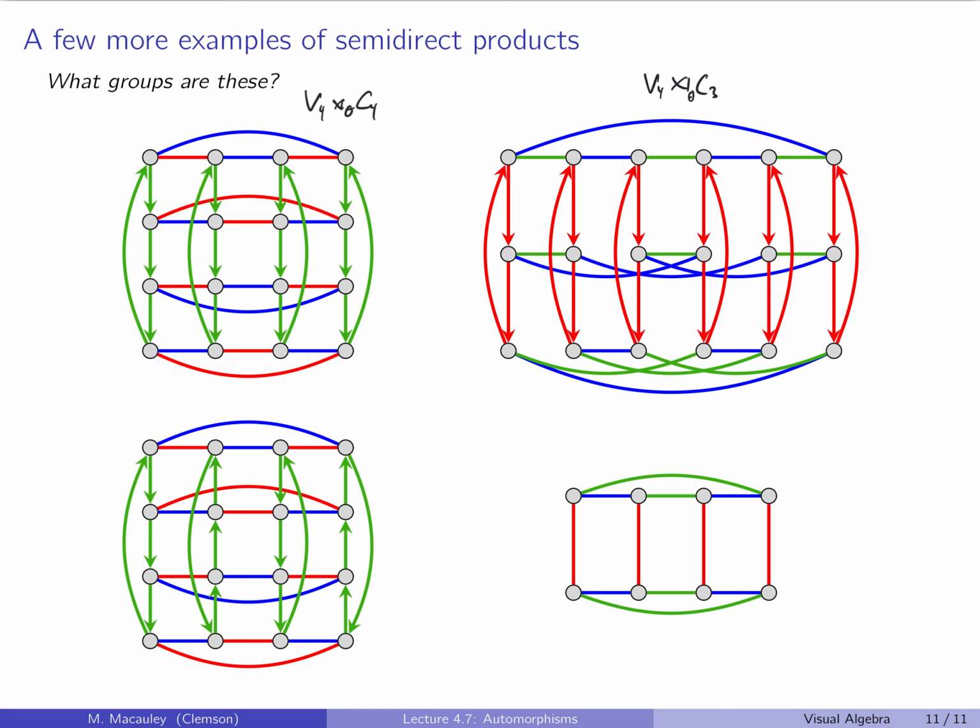So does that mean it's a semidirect product or not? Or maybe it's a semidirect product, but I've rearranged the Cayley graph so it's not clear what we are rewiring? So I encourage you to think about this. Is or is this not a semidirect product?